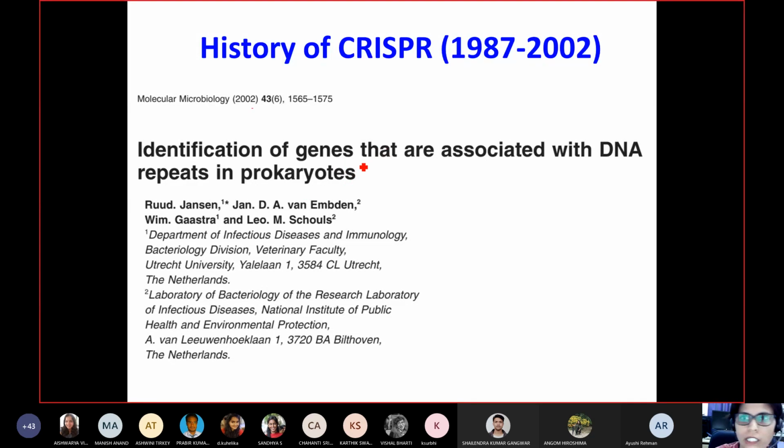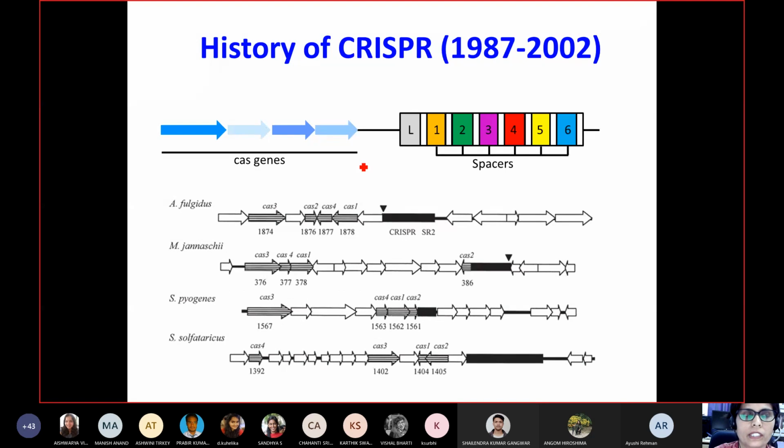They described the existence of a set of genes, the Cas genes, that are constantly associated with CRISPR loci.